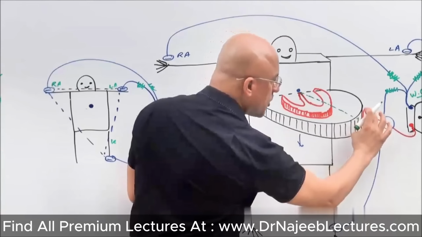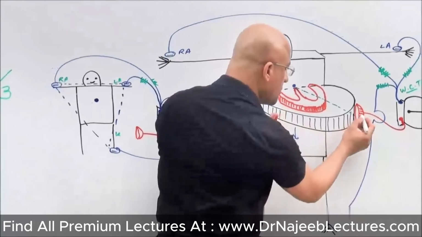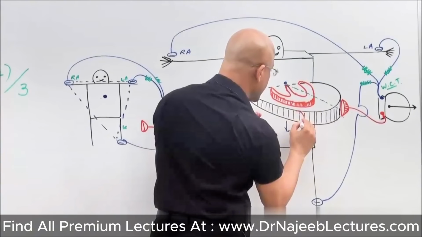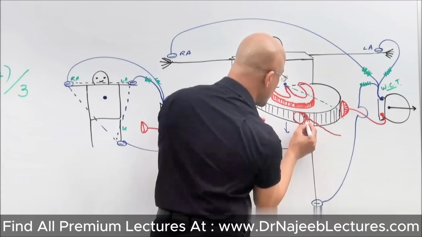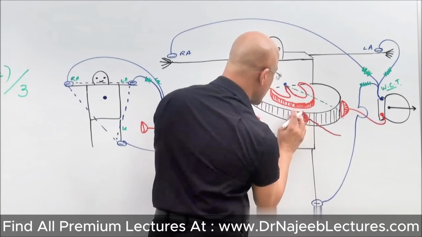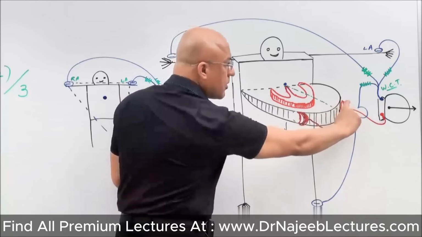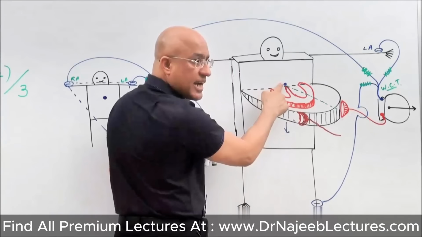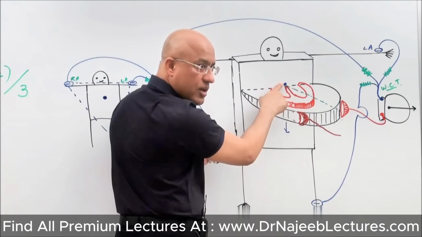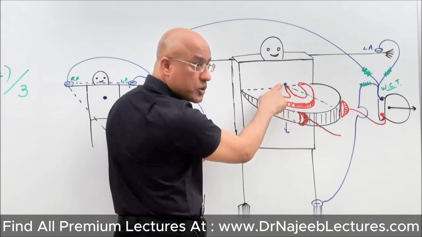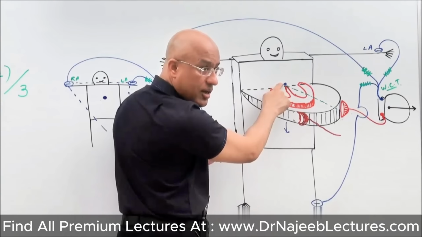But if you remove it from here and put it here, let's suppose we apply it over here. Now, if we keep this at the same point when we are doing recording by the chest leads, we don't produce any alteration in the central Wilson terminal, which is here.